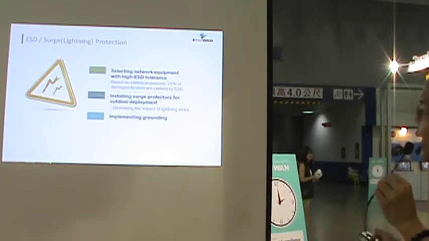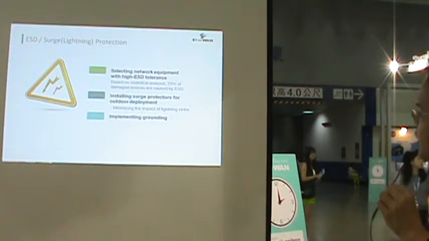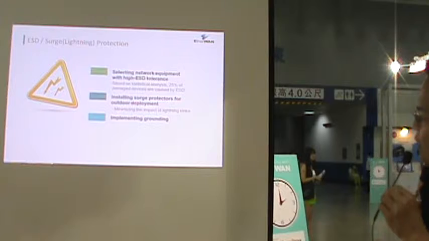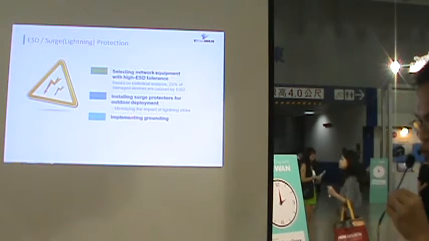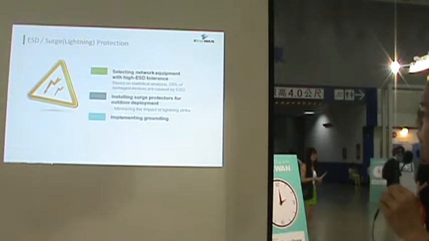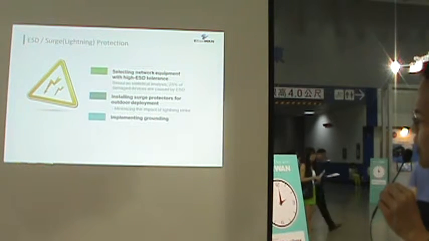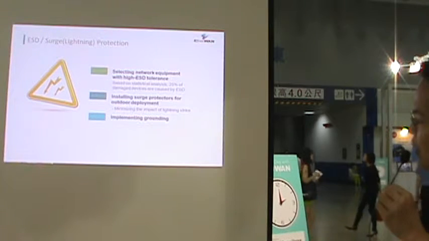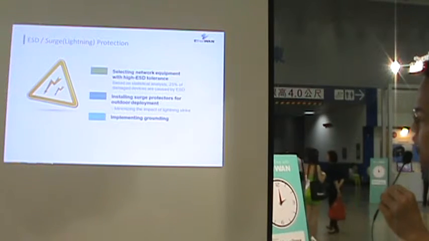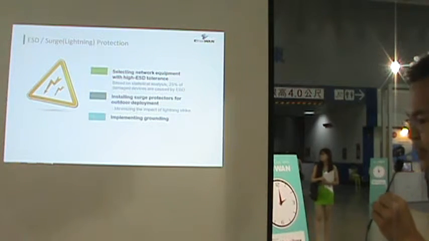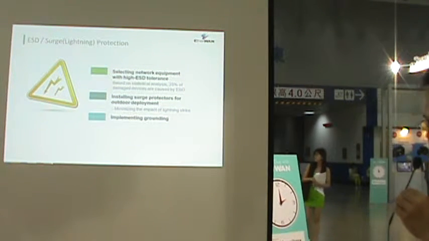If the lightning hits a nearby area and causes a transient voltage, then in the second instance we can install a surge protector to protect the device from being damaged. Implementing grounding is also important. All our devices have an earth ground, so you need to implement the ground in order to divert the electrons from the device to the earth.